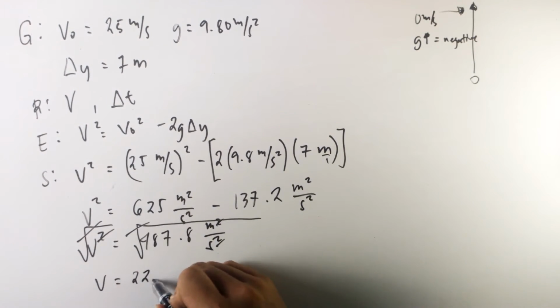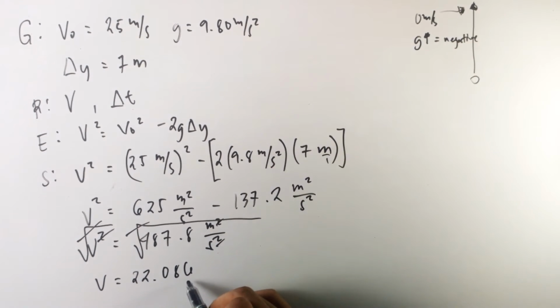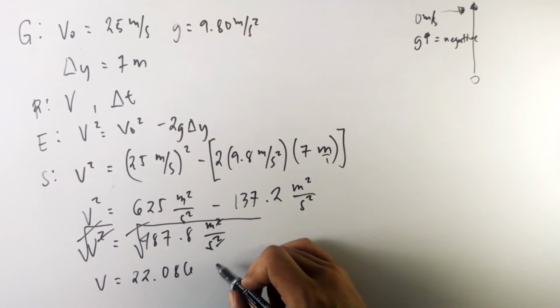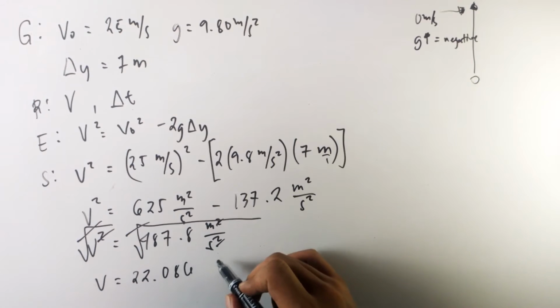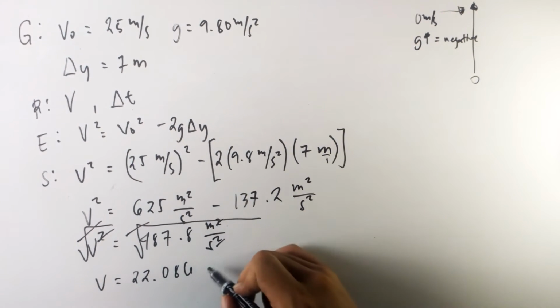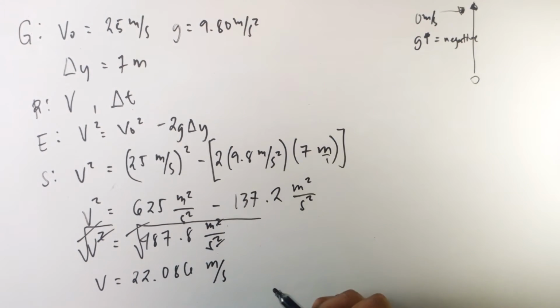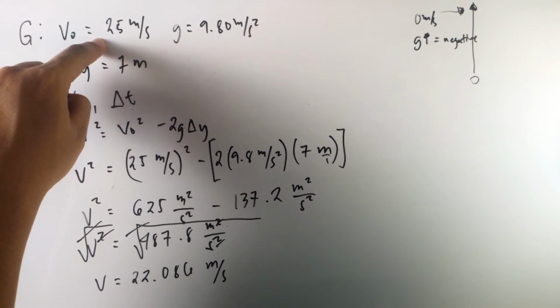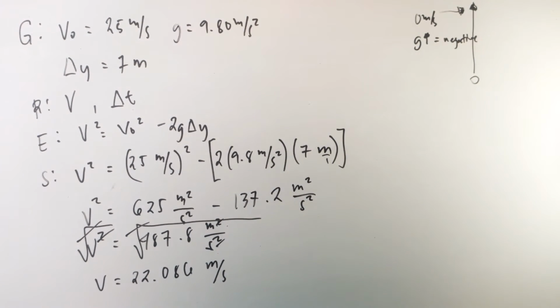Okay, 22.086. I want to preserve these decimal places because we have another required. Just for good measure, of course we have obtained the square root of the units as well, so we have meters per second. As you're going to see, it's lower than your initial speed because it's slowing down.